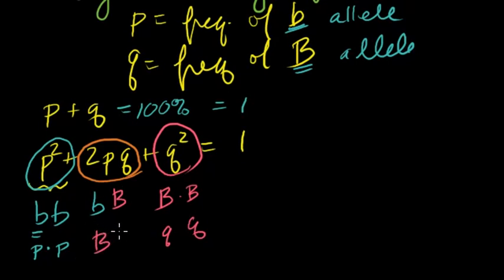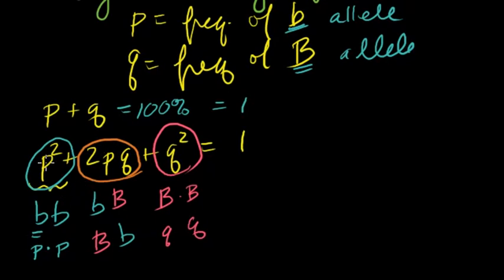I don't know anything about these parents, so if I'm making no assumptions, I just have to assume that the probability that I get an allele from either one of them is equal to its frequency in the population. So there are two ways of getting these. The probability of this combination is P times Q. The probability of this one is Q times P, which is the same thing. You add them together, you get 2PQ. So this is essentially the frequency of the hybrids in the population.